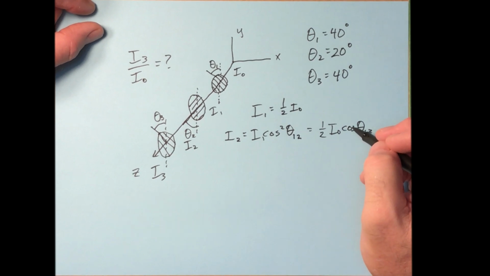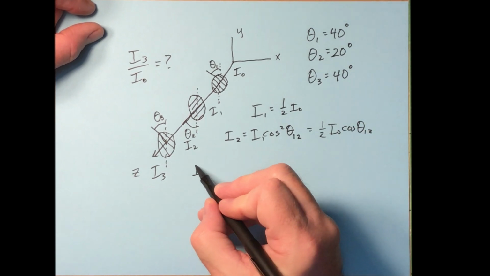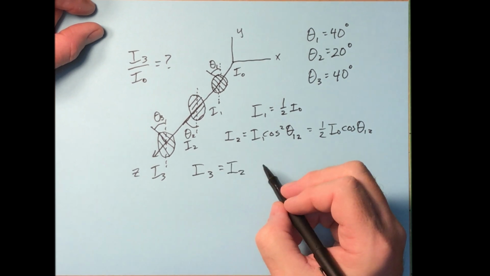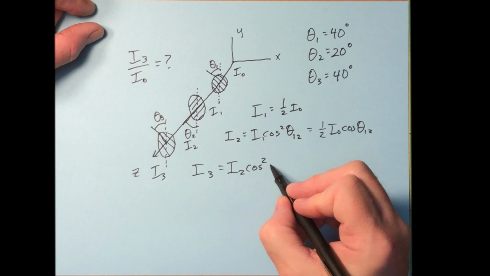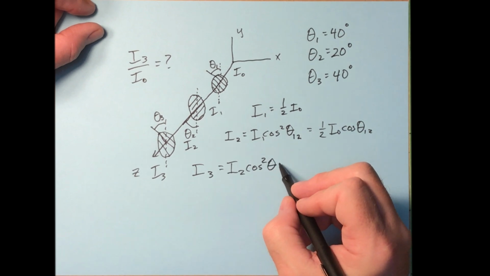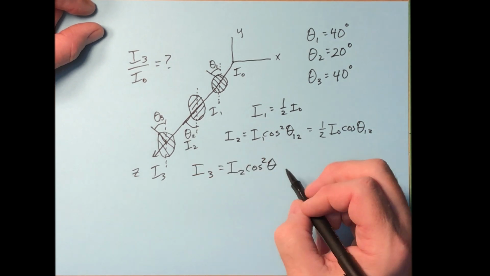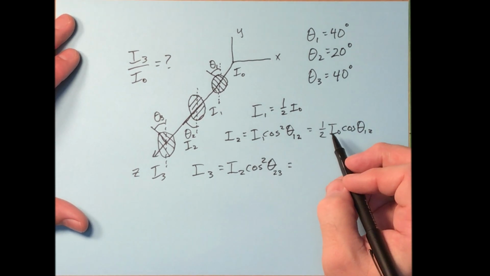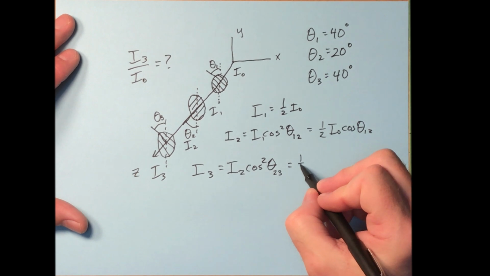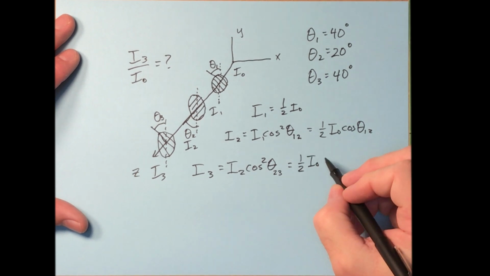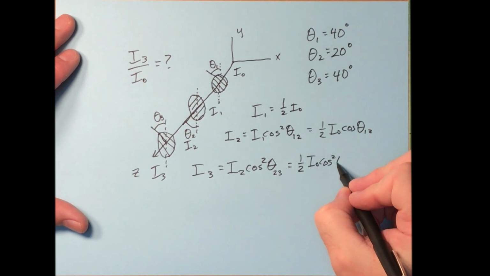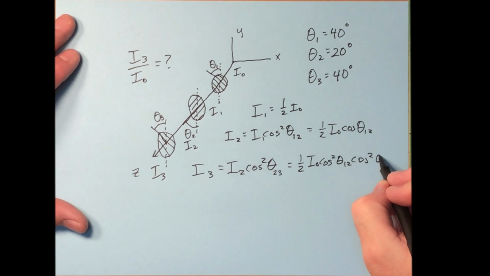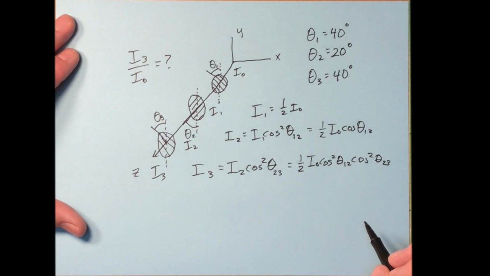All right, now I3 is going to be I2, that's the incident intensity, times cosine squared of theta, but theta is going to be the angle between 2 and 3, so let's just call that 2, 3. Now if I plug in for I2, then this becomes 1/2 I naught cosine squared of theta 1, 2 times cosine squared of theta 2, 3, like that.